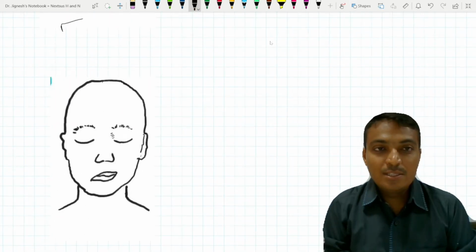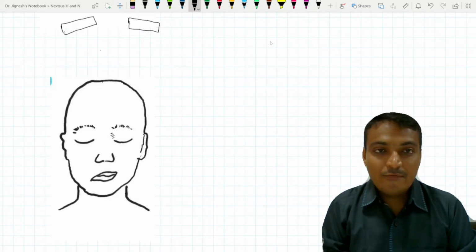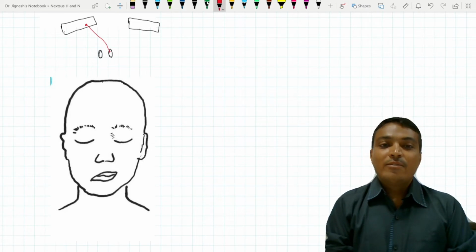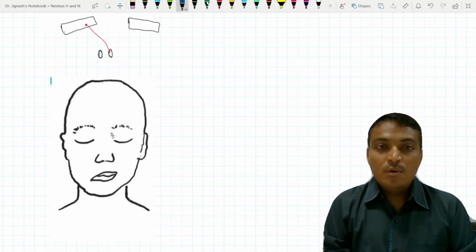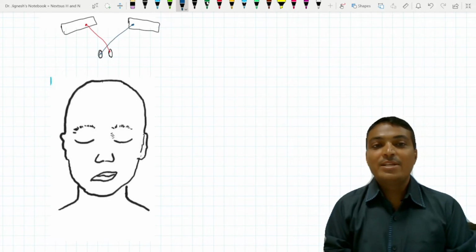Suppose here this one is the left sided cortical area, and here this one is the right sided cortical area, and somewhere here the facial nerve nuclei is present. So the corticonuclear fiber from this left side is going to reach up to the right sided facial nerve nuclei, while the corticonuclear fiber of the right side is going to reach up to the left sided facial nerve nuclei.